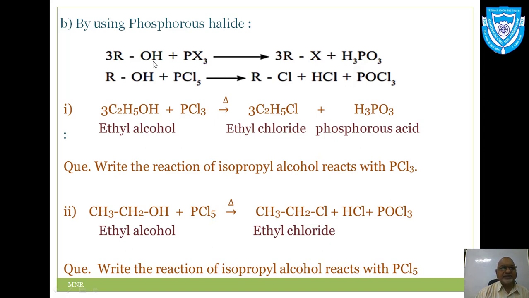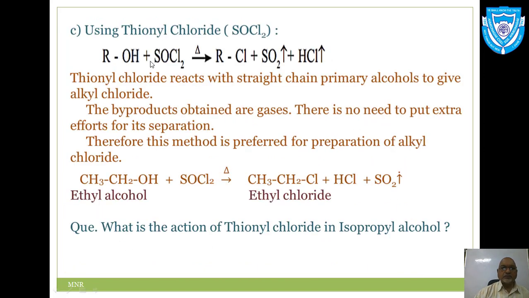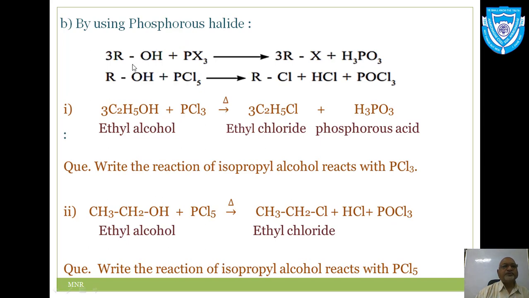Now in this reaction, when you are taking phosphorus trichloride, you require 3 molecules of alcohol. This is very important. But when you are taking phosphorus pentachloride, you require 1 molecule of alcohol. Here are a few examples.